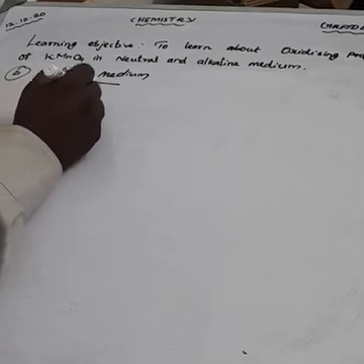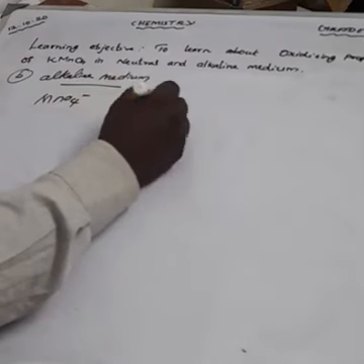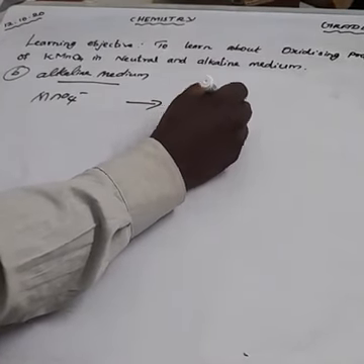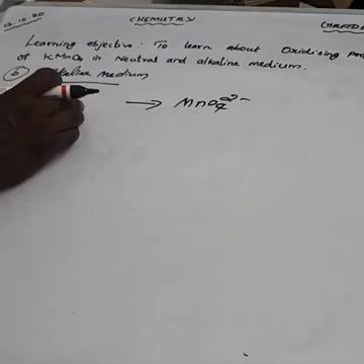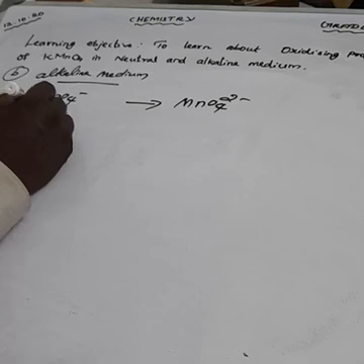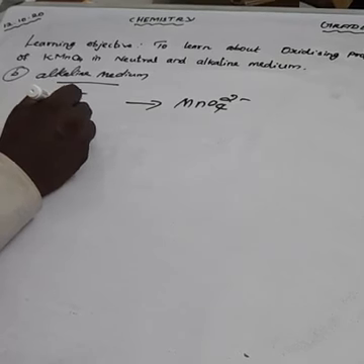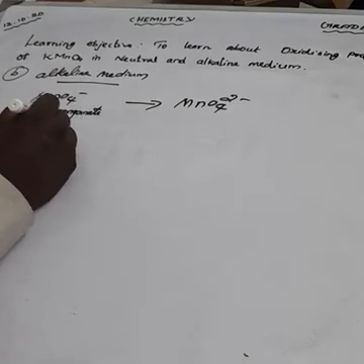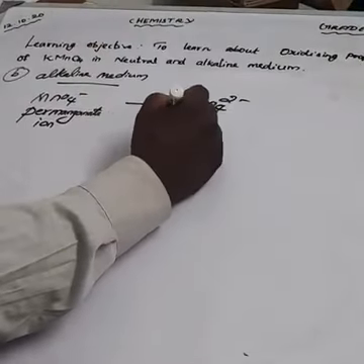The permanganate ion, that is the MnO4 minus ion, is converted into the manganate ion, that is MnO4 2 minus ion. The permanganate ion is converted into the manganate ion.